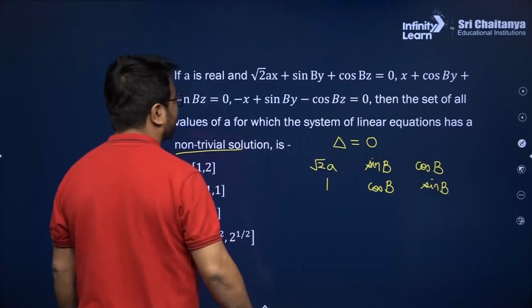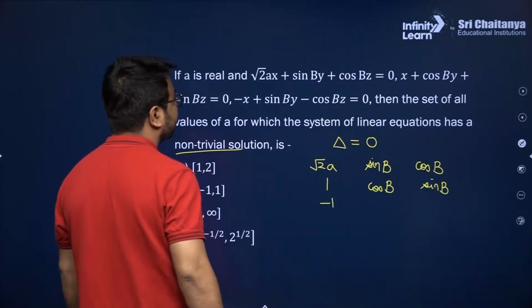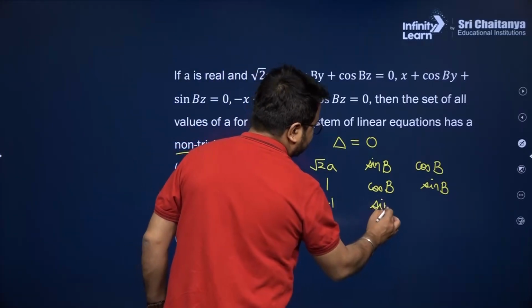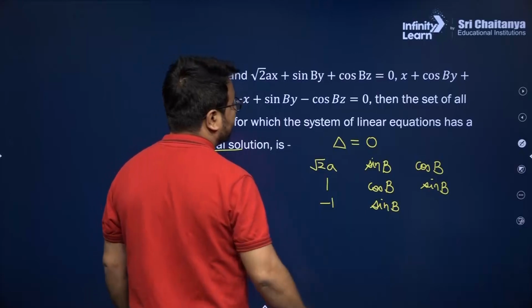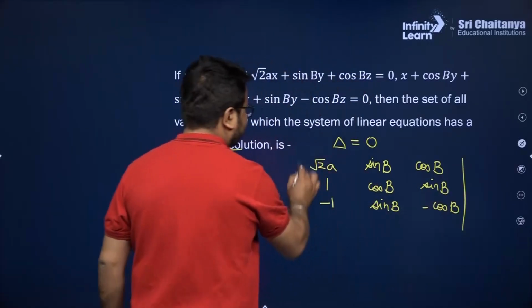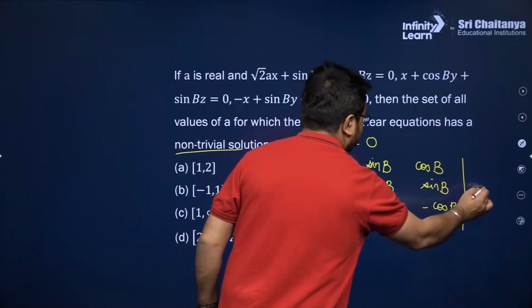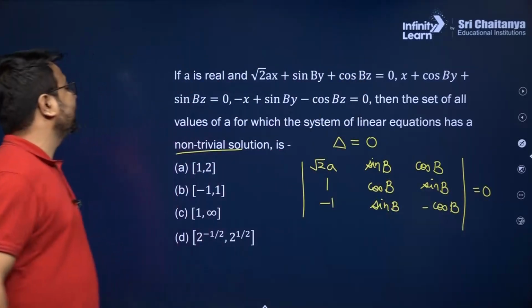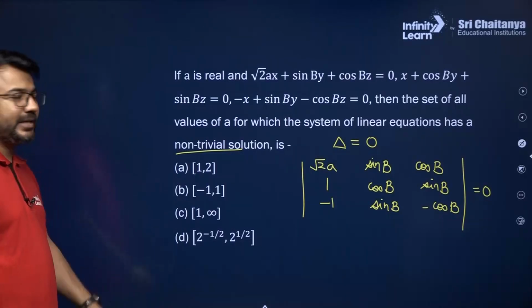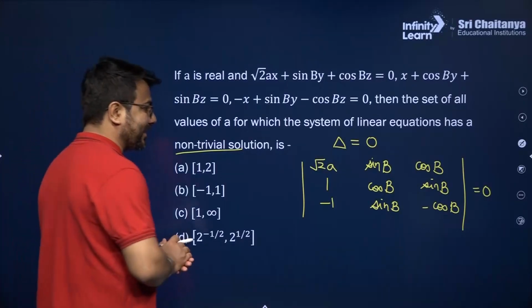This is the determinant I am talking about. Then we have minus 1, then sin b, and here minus cos b. The determinant value of it is equal to 0. So we need to determine the set of values of a for which the system of equations has a non-trivial solution. Let us try to expand it.